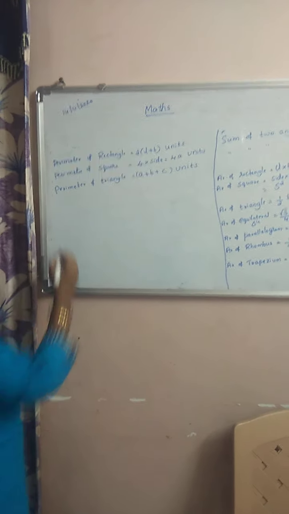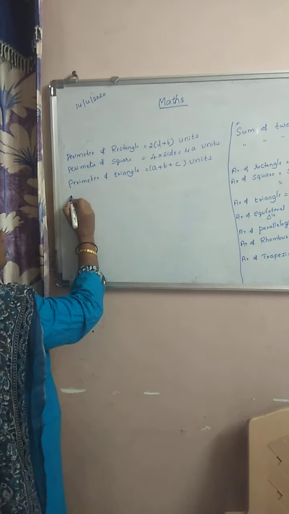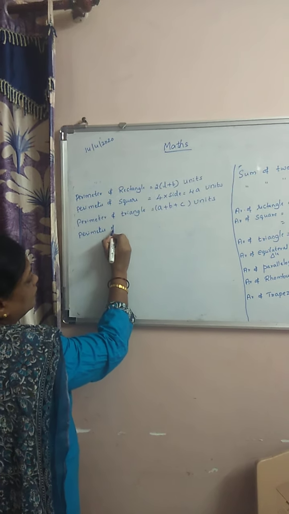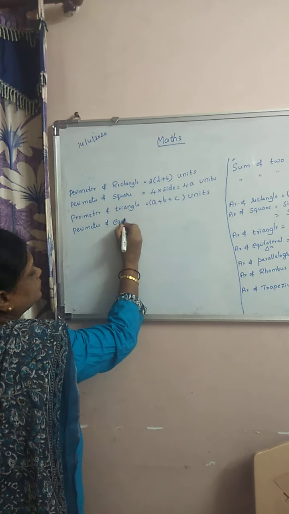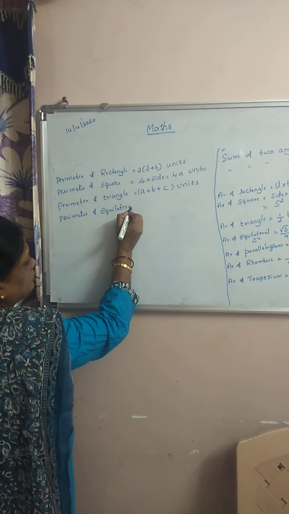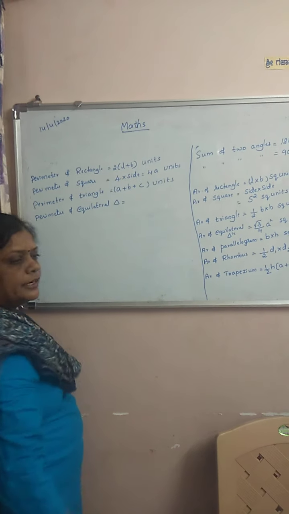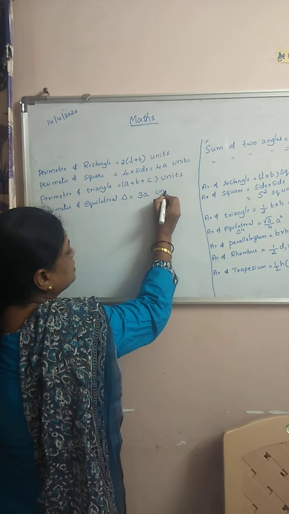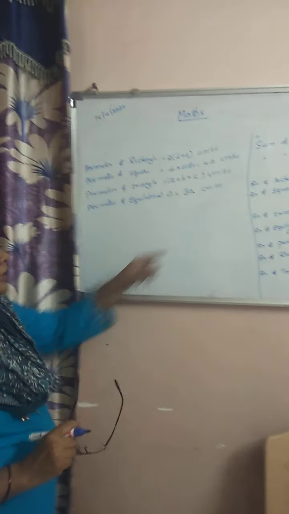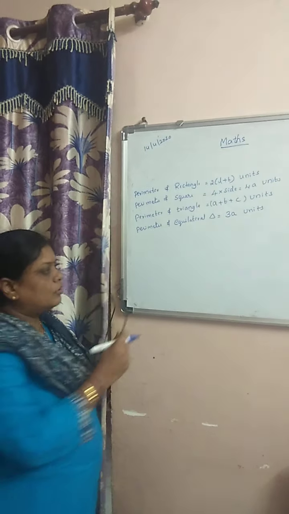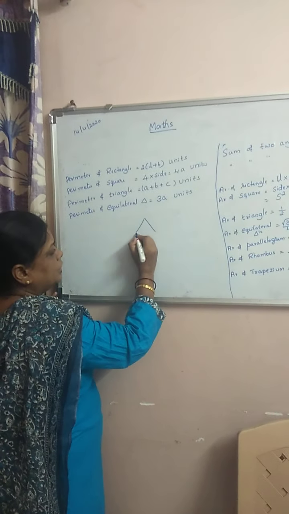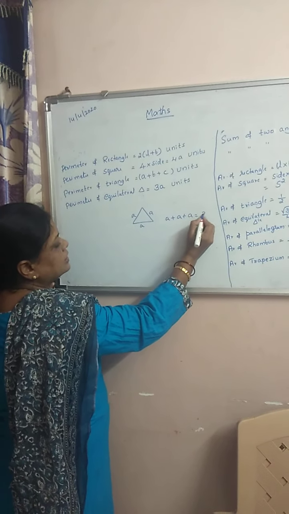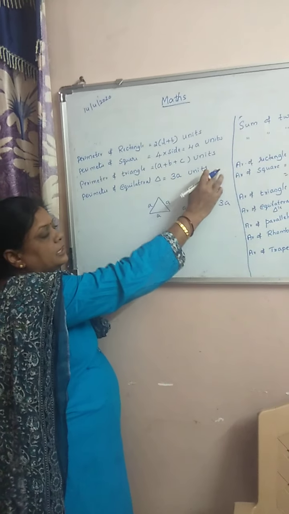Whatever units they have given, centimeters, I have to add that. Then perimeter of equilateral triangle can be calculated using the formula 3a units. Why are you using 3a here? Because equilateral means all the sides are equal here. So if you add all these sides, what will you get? a plus a plus a, that is 3a. Hence it is 3a units.